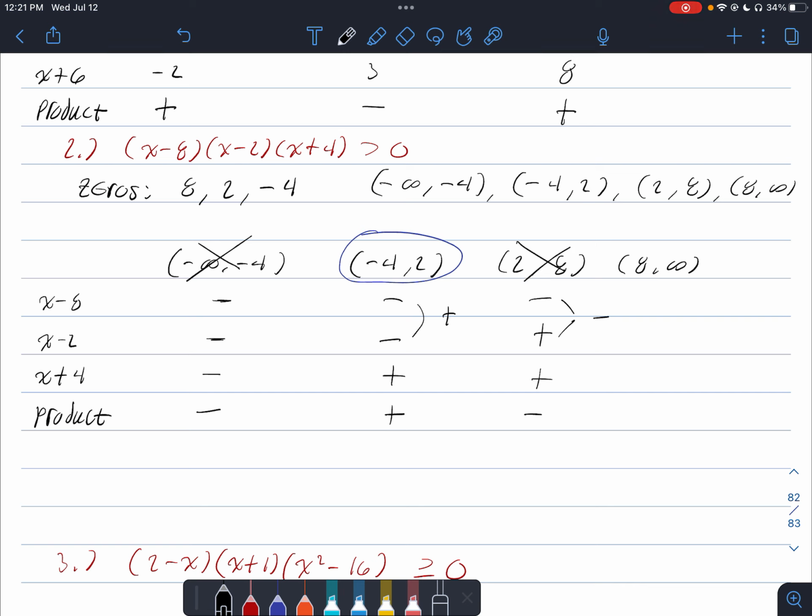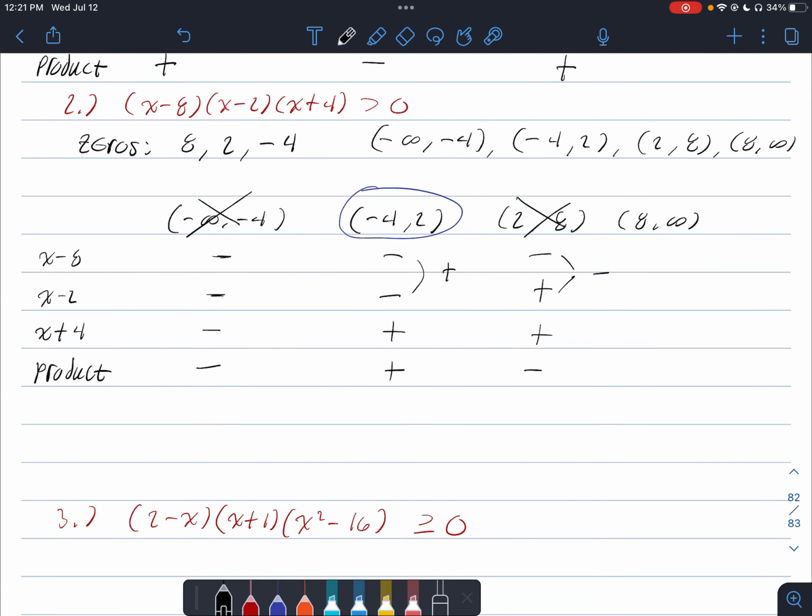Now let's take a look at the interval from 8 to infinity. If we pull up, say, 9 minus 8, that will give us 1, which is positive. 9 minus 2 is 7, so positive. And then obviously 9 plus 4 will be positive.